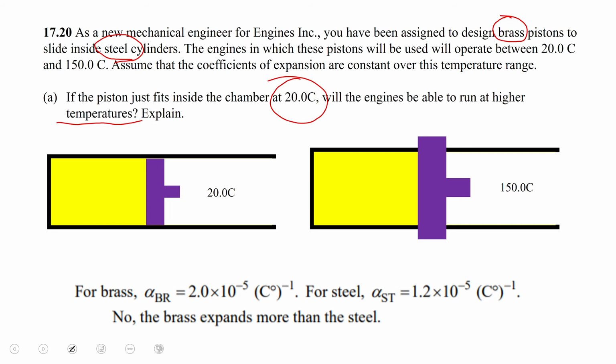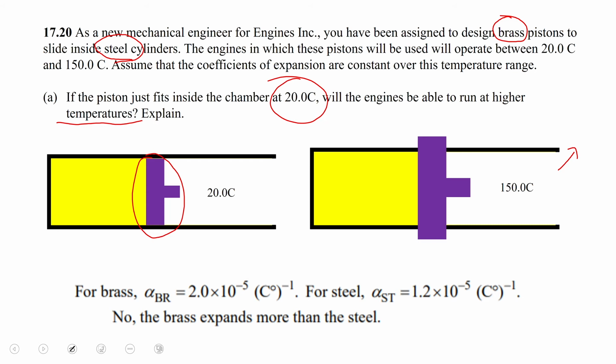If we have the case at the beginning where the piston just fills the cylinder at 20 degrees C, after we increase the temperature, both of them grow. If we find that the chamber grows less than the piston, then the piston doesn't fit. But if they grow the opposite way, that means the piston grows less than the chamber, then we can use it.